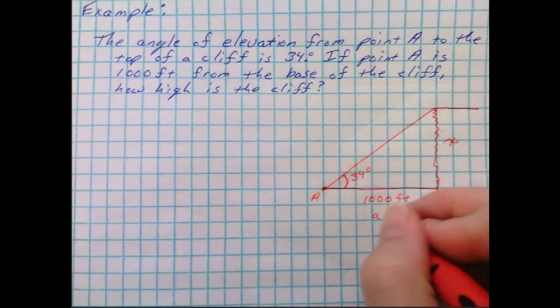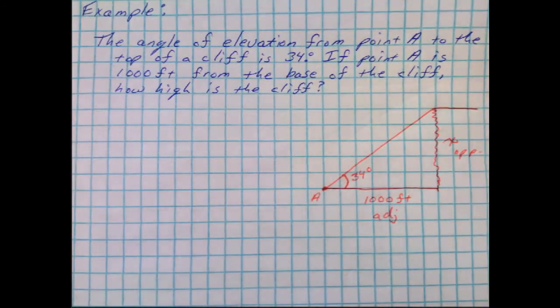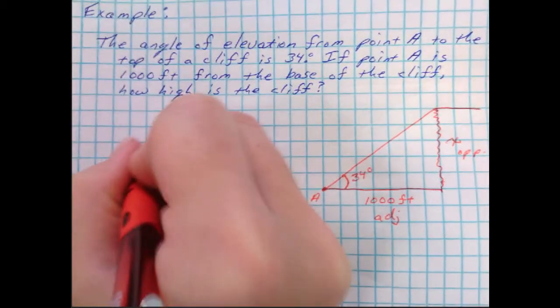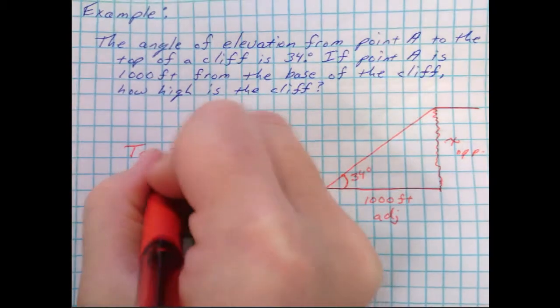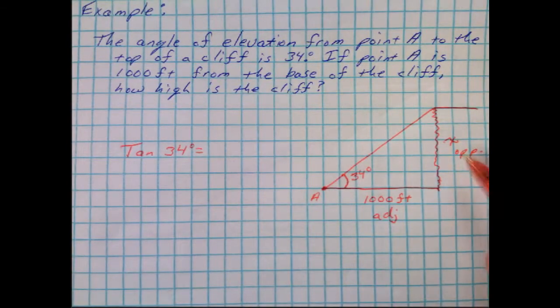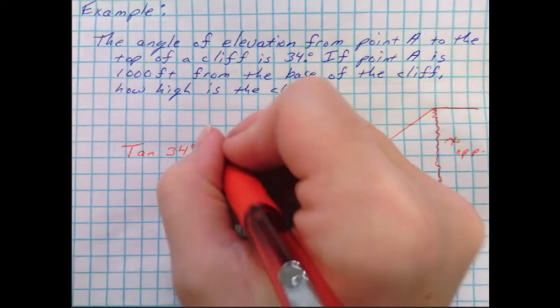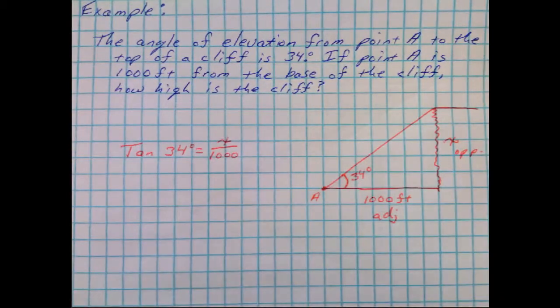This is my adjacent. This is my opposite. So opposite and adjacent, I'm going to be using tangent. So tangent of my angle, which is 34 degrees, equals, we want opposite over adjacent, so x over 1,000.